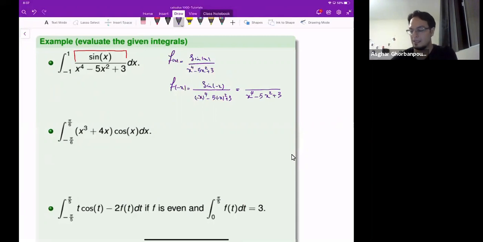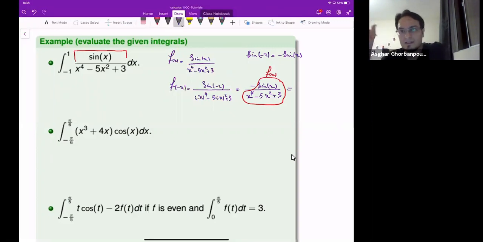How about the numerator? Well, remember there is this property of sine, or look at the graph of the sine function. Sine of negative theta is minus sine theta. So sine is an odd function. But that tells me that this whole piece here is my original function f of x.